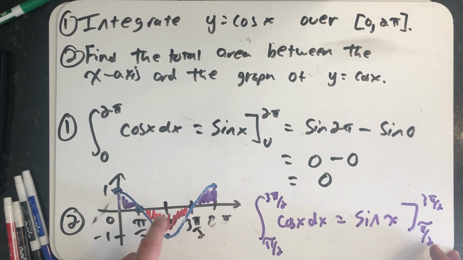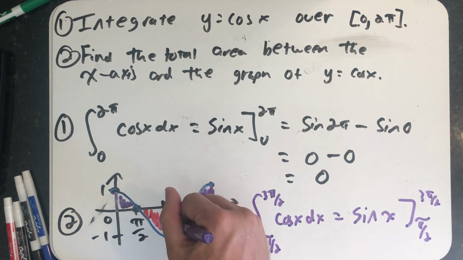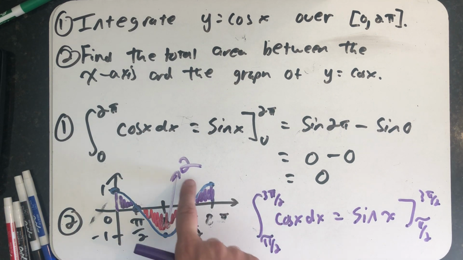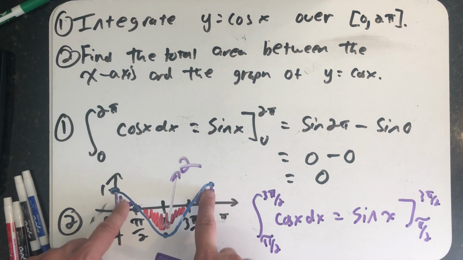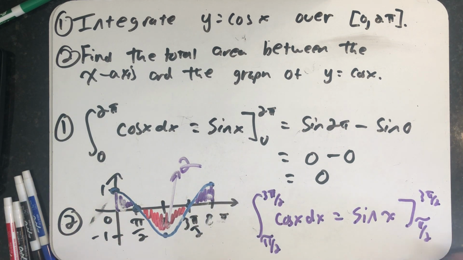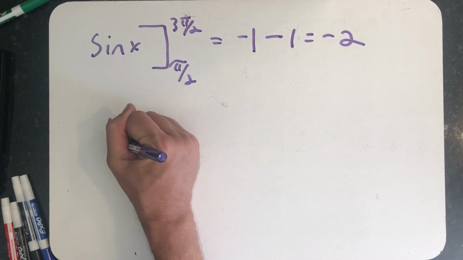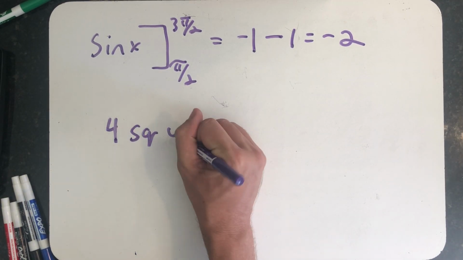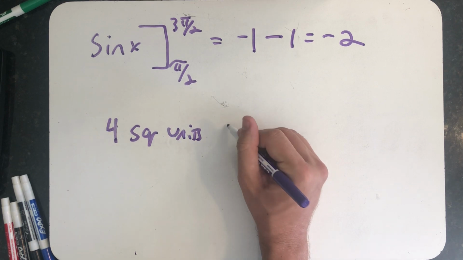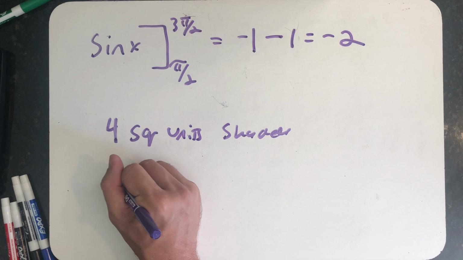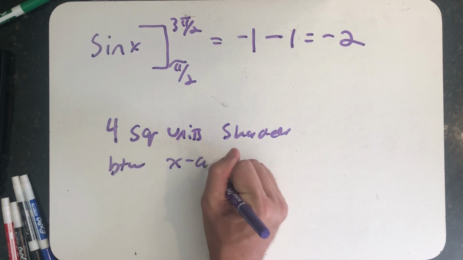So this red amount shaded here would be 2 square units if I was thinking about area. And so I know that this adds up to the same amount in absolute value, so the total area shaded there between the curve and the x-axis is 4 square units. There are 4 square units shaded between the x-axis and the curve.